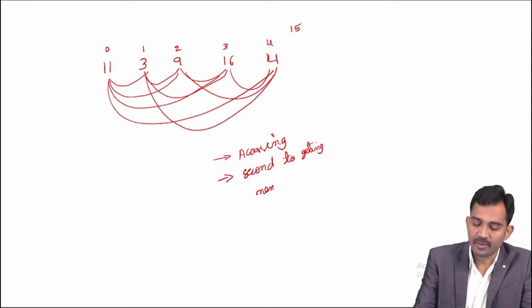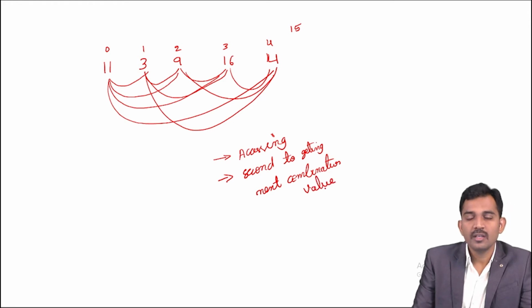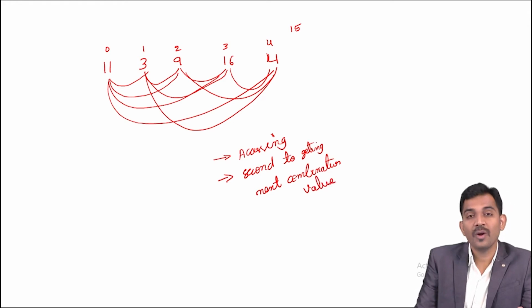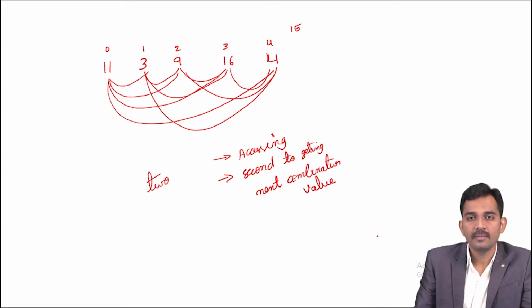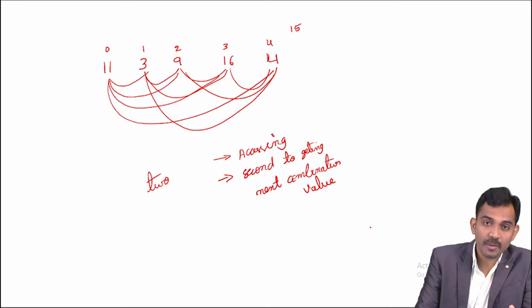So we understood that here you require two loops to solve this problem. Two loops means what is the time complexity for this?